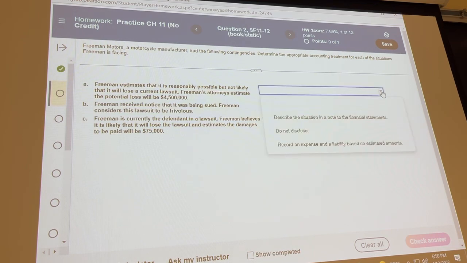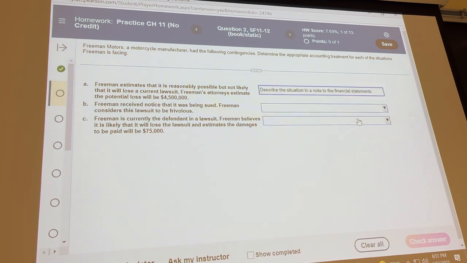So from this drop-down menu, which one of these accounting treatments would be appropriate for that? Record an expense? No. It's reasonably possible but not likely. That's when you describe the situation in a note to the financial statements.